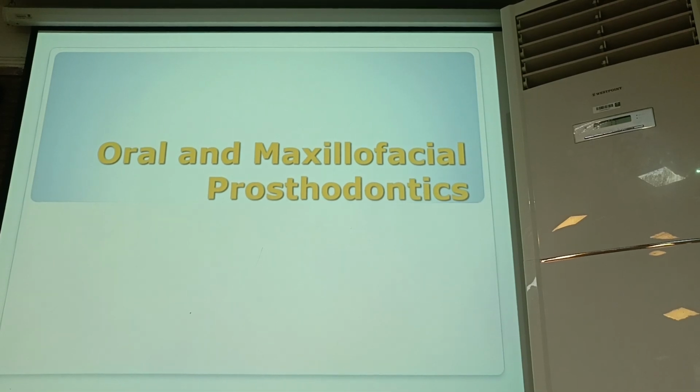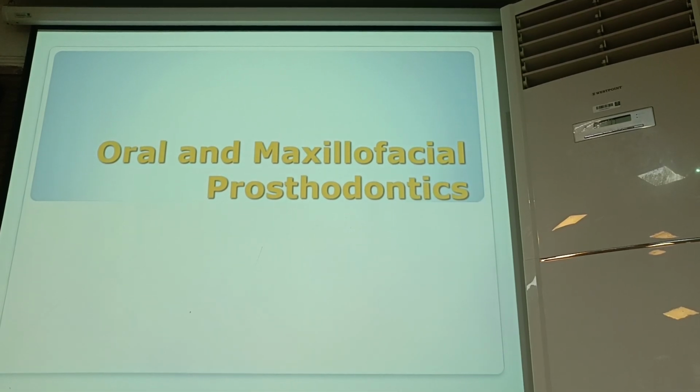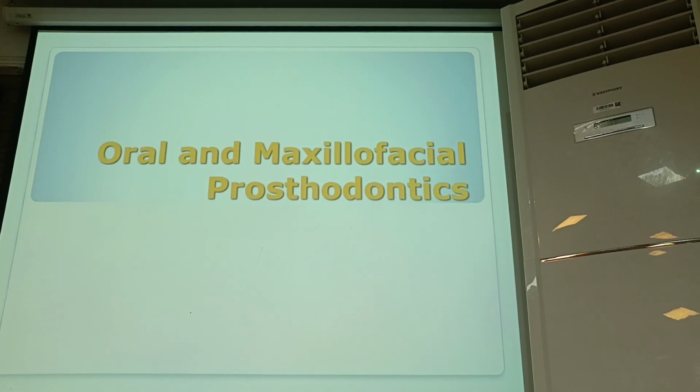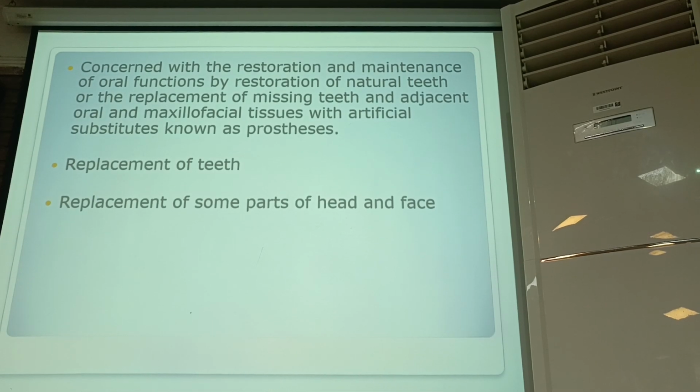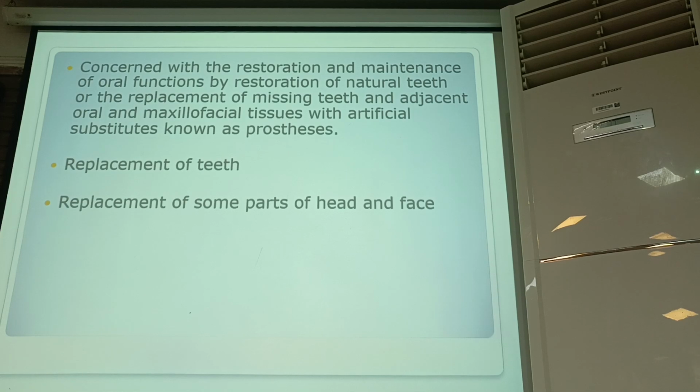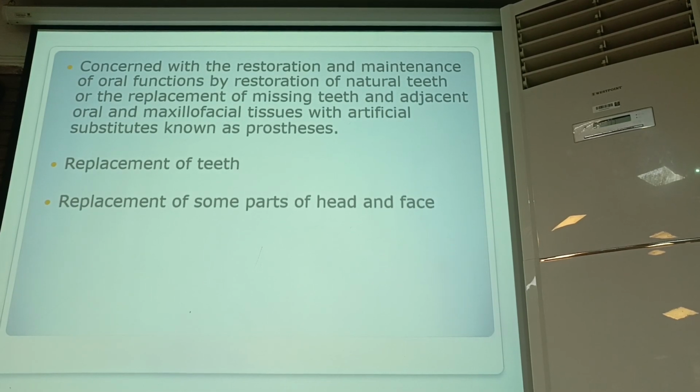Okay. The next one is oral and maxillofacial prosthodontics. It is about the replacement of, for example, tooth loss, or some parts of the face. Our colleagues in this department can rehabilitate the function and the appearance of the patient.